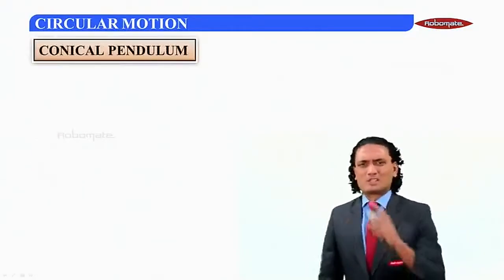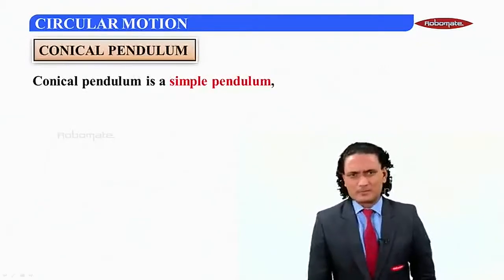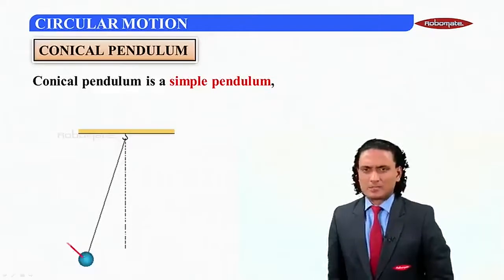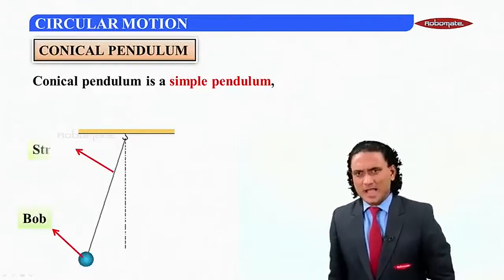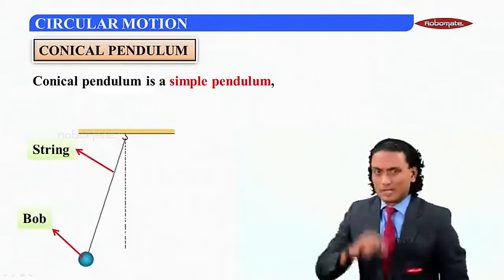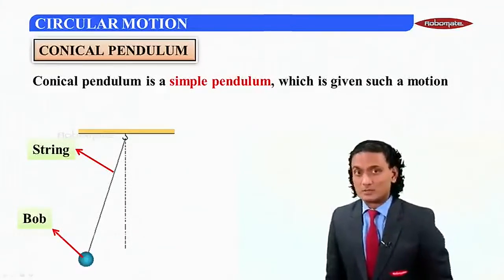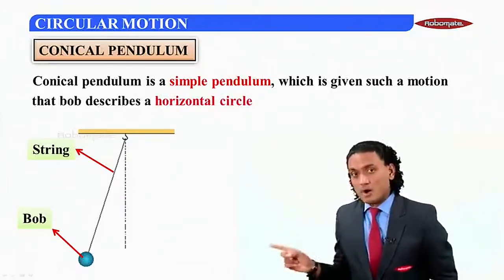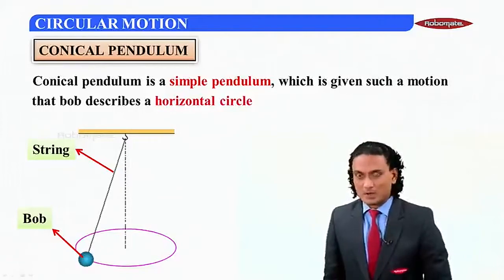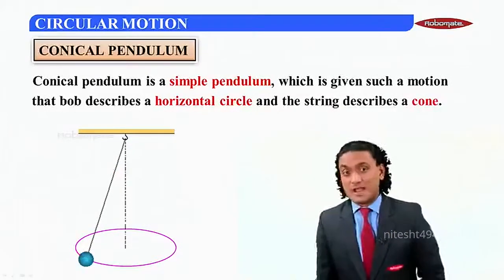Conical pendulum. What is a conical pendulum? Students, a conical pendulum is a simple pendulum. You all know what a simple pendulum is. It contains a bob attached to a string, and this string is fixed to a fixed support. So a conical pendulum is a simple pendulum which is given such a motion. What kind of motion? The bob of the simple pendulum will describe a horizontal circle, and the string will describe a cone.